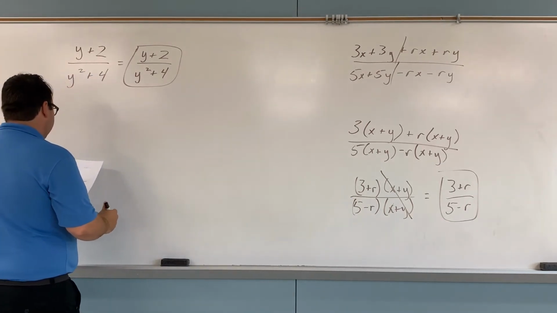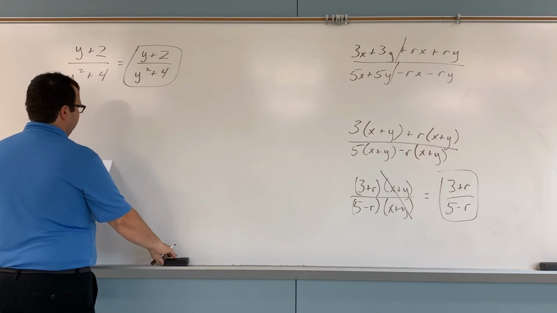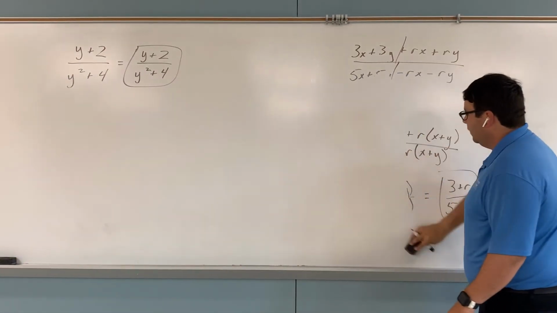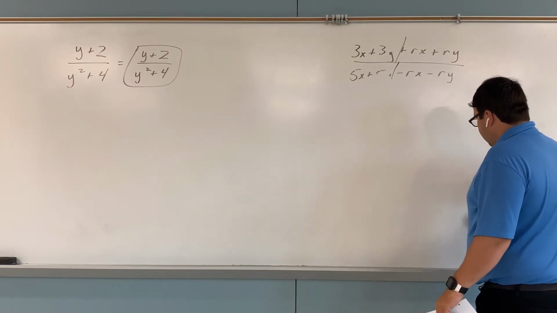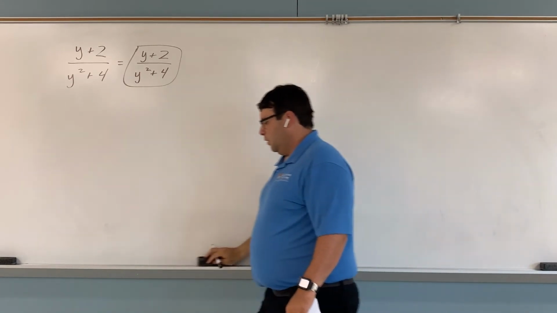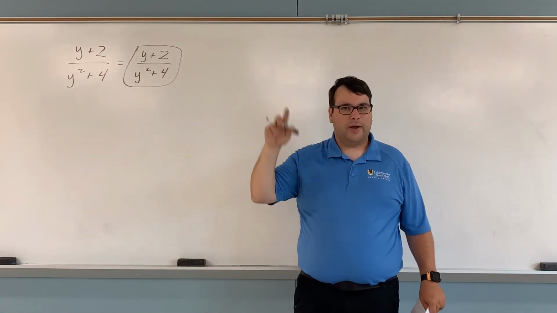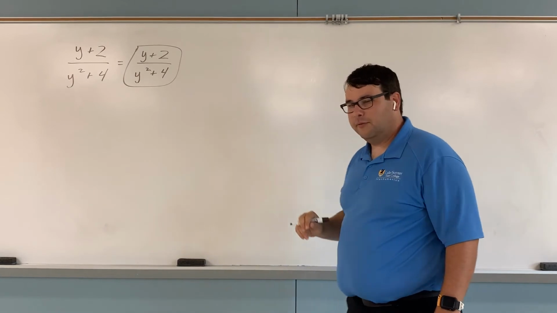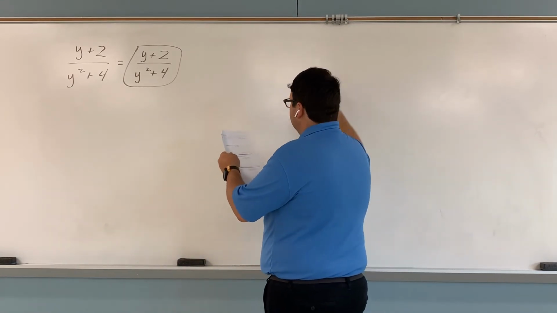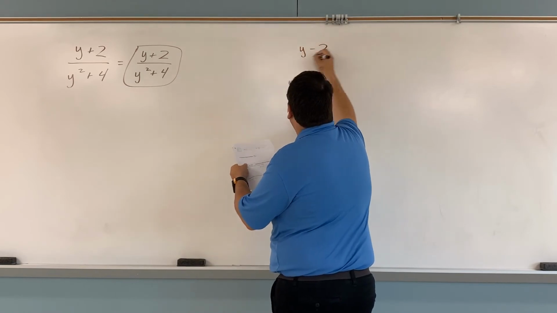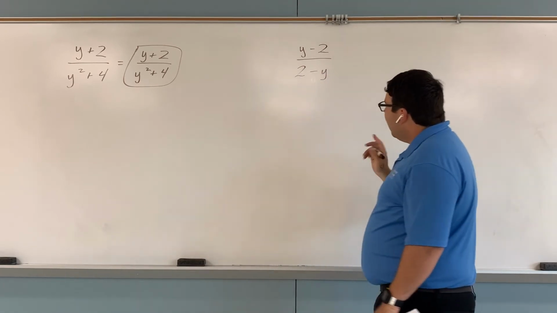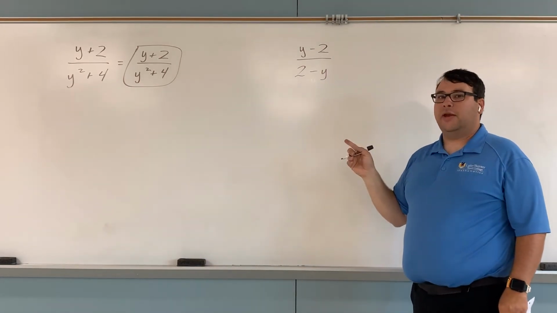All right, I want to go over another concept really quick, and that is the concept of -1. Now, with a fraction, you've typically seen -1 where it's just a negative and it can float bottom, top, or out to the side, and that's perfectly fine. But with an expression such as y minus 2 over 2 minus y, technically, this is -1.